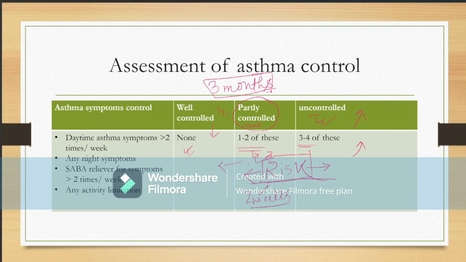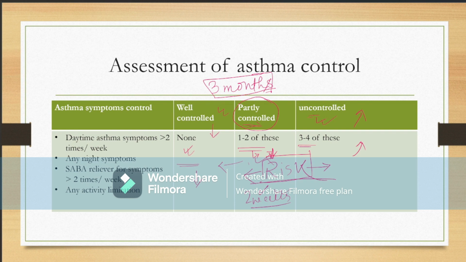So in an easy way, that means if symptoms are well controlled, then we continue the therapy for 3 months, and then we step down the treatment. If the patient is partly controlled, then we modify the risk factors and assess after 2 weeks.